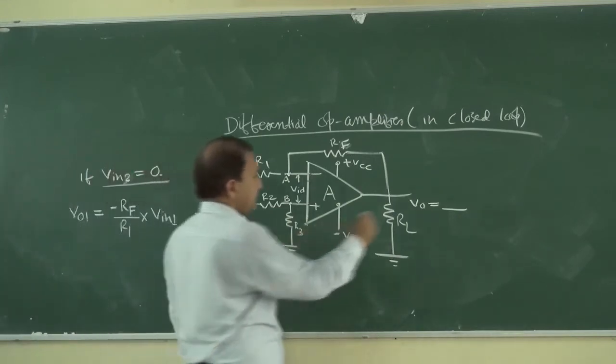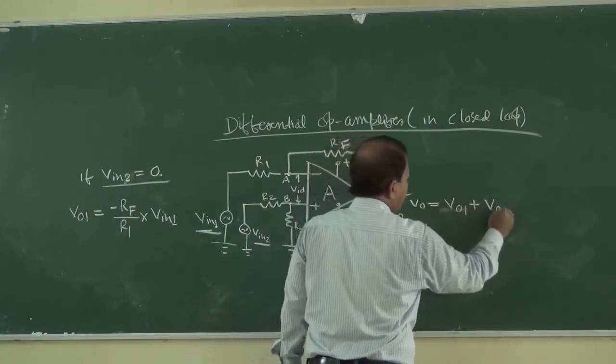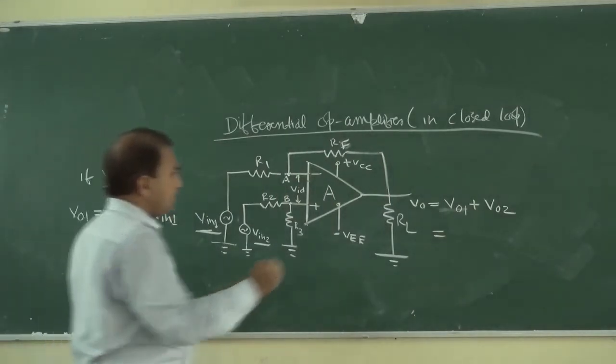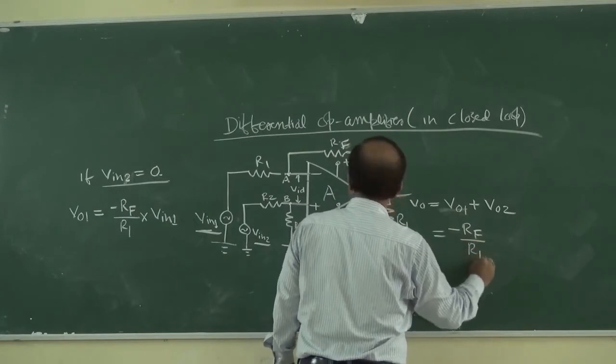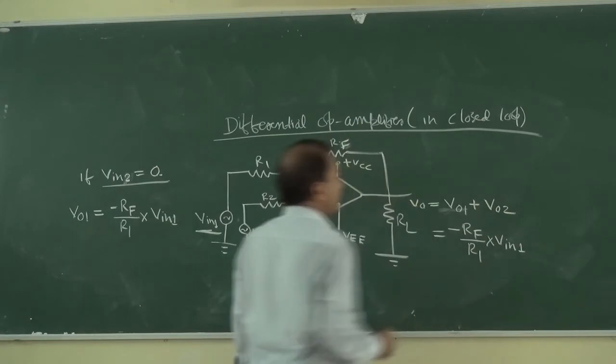So V output is VO1 plus VO2, where VO1 is equal to minus RF by R1 multiplied with V in 1.